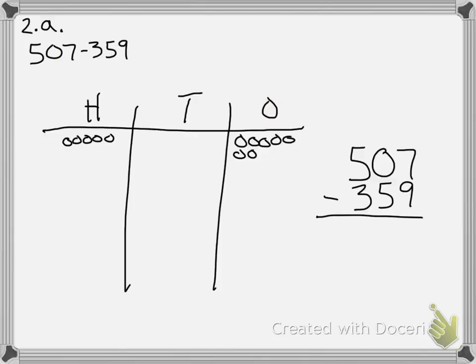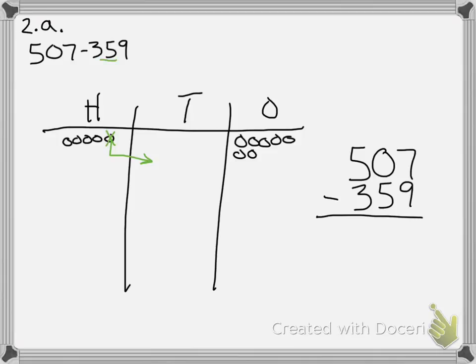Alright, so we're going to move on to 2a, and it says to solve vertically and draw chips on a place value chart. And so this is more like what we've been doing in class lately. So I'm just going to take this and unbundle it, because I know that if I have a 0 in the tens place, I obviously can't subtract 5.